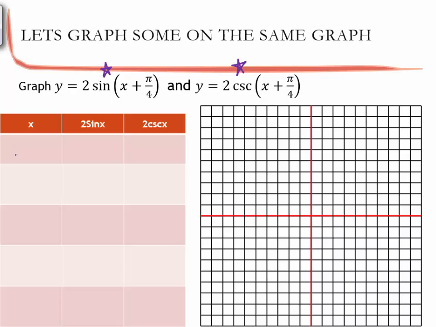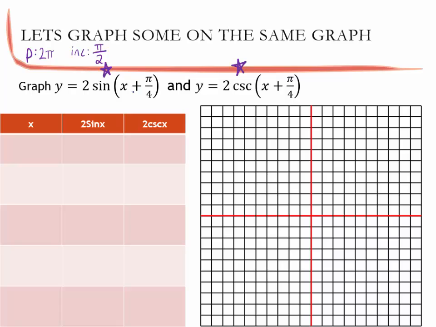But we have to figure out where do we start, what's our period, stuff like that. What is our period for this one? What do you think, Kim? 2 pi. Nice, Kim. Our increments then would be 2 pi divided by 4. Pi over 2. That's our increments. Hey, that's nice. Now we just got to figure out where do we start.